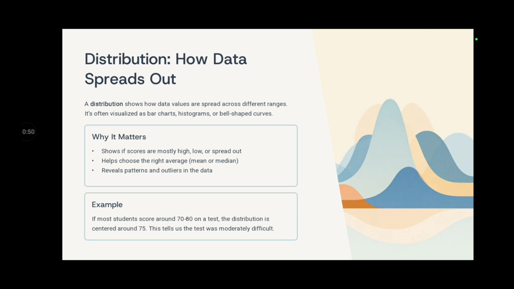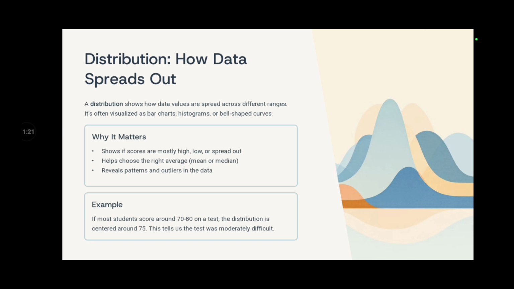So why does distribution, how data is spread out, matter? If scores are mostly high, low, or spread out, it helps us choose the right average for the data, whether we should take the mean or the median, and it reveals patterns and outliers in the data.